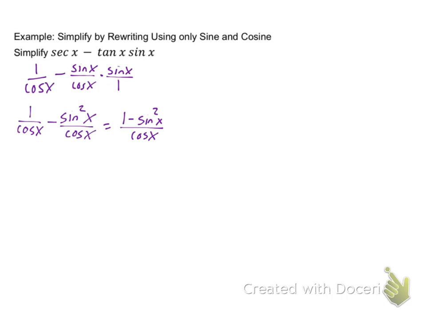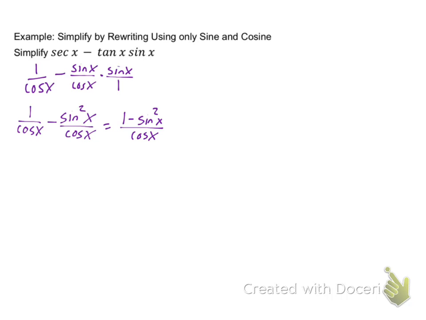But you're not done unless you can't go any further. And in this case, there's something up there that looks like I might be able to change it into something else. What is it? It is the 1 minus sine squared x.